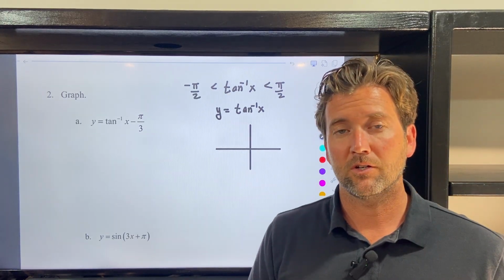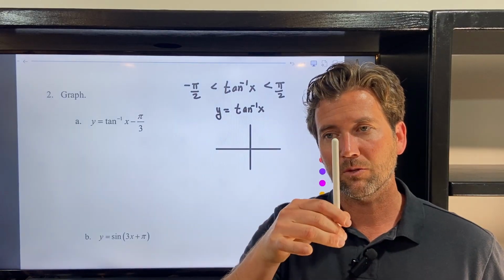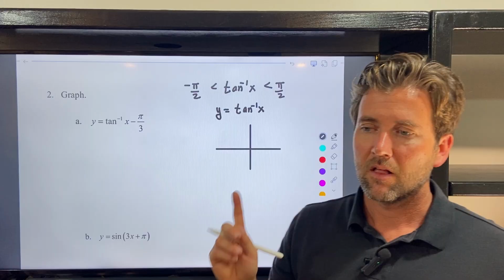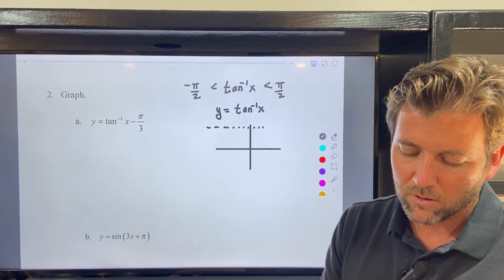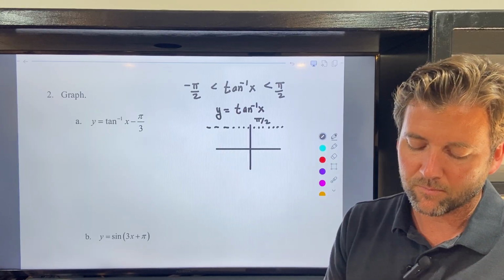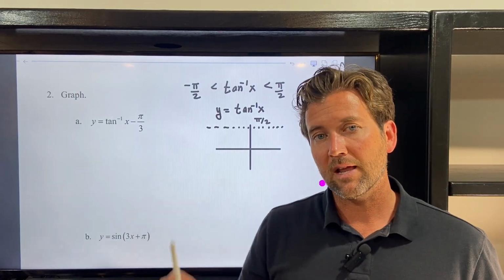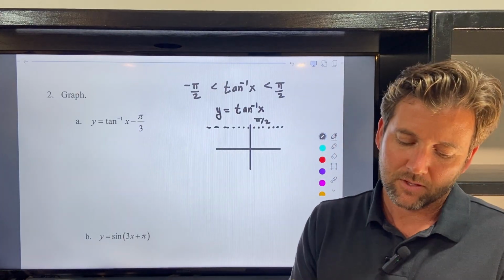The tangent function, I just said tangent, not arctangent, but the tangent function has a vertical asymptote at x equals pi over 2. You know the tangent of pi over 2 is undefined. That vertical asymptote becomes a horizontal asymptote for the inverse. That's pi over 2. And then the tangent function has a vertical asymptote at negative pi over 2. The tangent of negative pi over 2 is undefined.